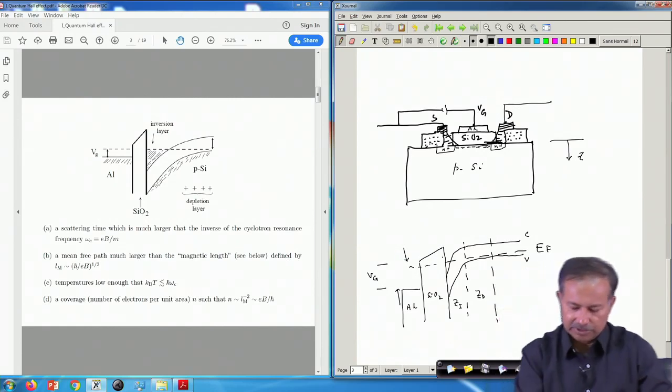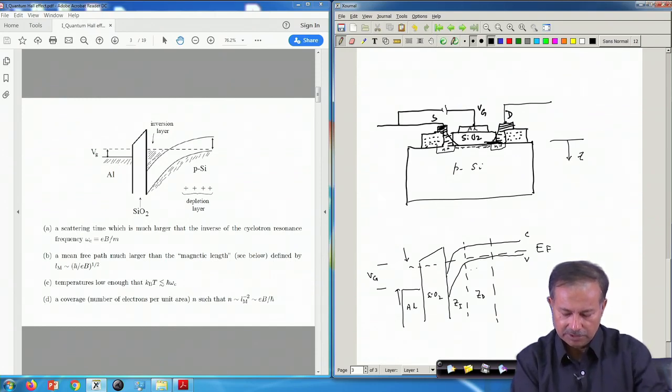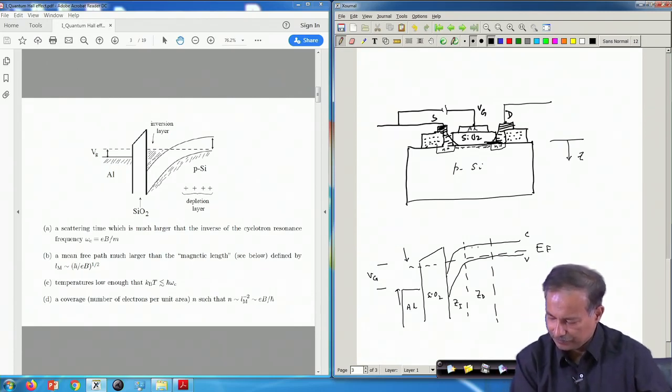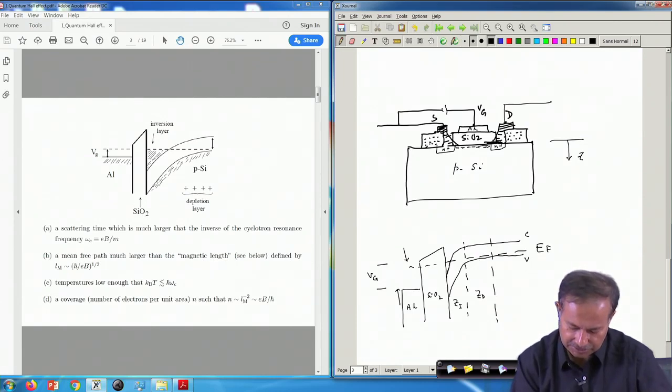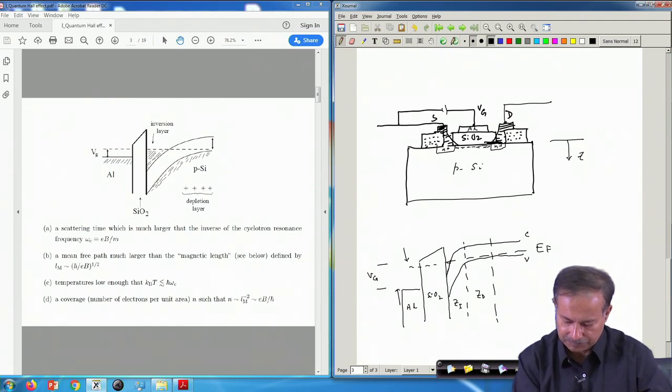The better way to look at it is that we move the Fermi level up and down by doing this. Now, since this region of the conduction band has come below the Fermi level, it is a region of potential. So, why does the potential look like this?